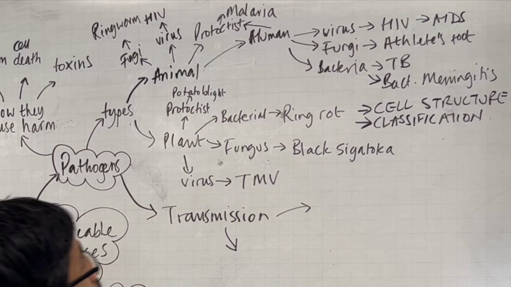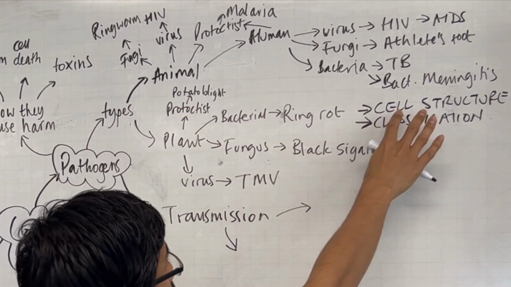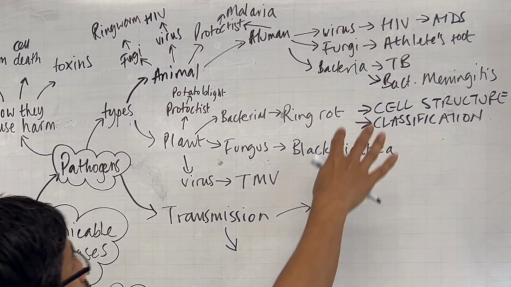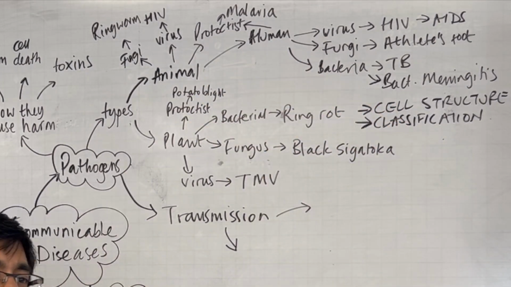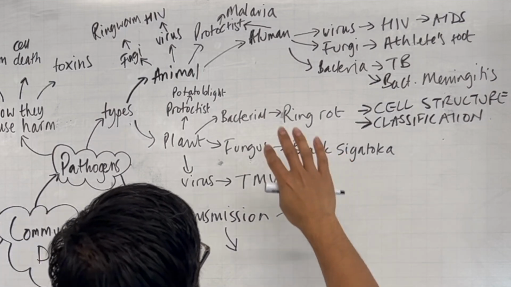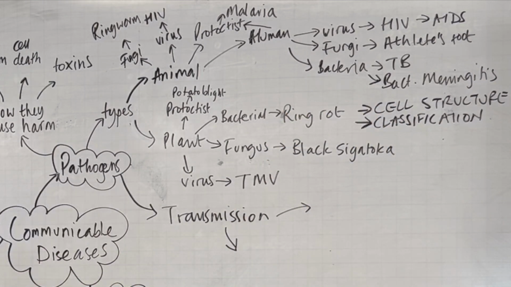Right, so I guess in terms of cell structure, prokaryotes versus eukaryotes. In terms of classification, you've got these different kingdoms. Would you be able to look at any given cell and be able to recognize it as a fungus, as a protoctist, as a bacterial cell? Right? Okay, I think we'll leave that there.